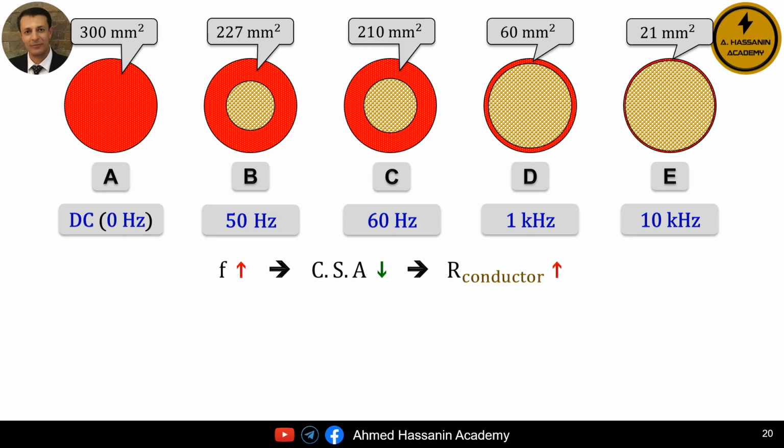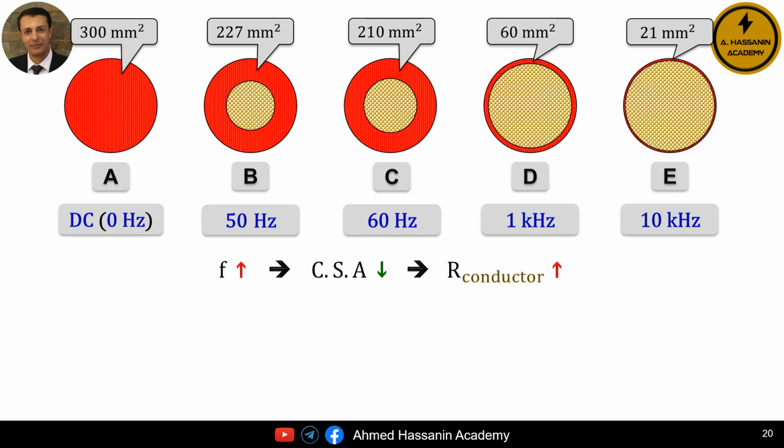In the case of conductor D, with a frequency of 1 kilohertz, the actual cross-sectional area of the conductor is 60 millimeters squared. And in the case of conductor E, with a frequency of 10 kilohertz, the actual cross-sectional area is 21 millimeters squared. And as we have said, the resistance of the conductor is inversely proportional to its cross-sectional area.